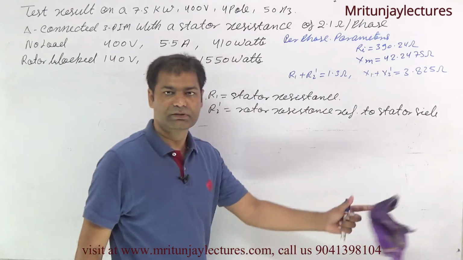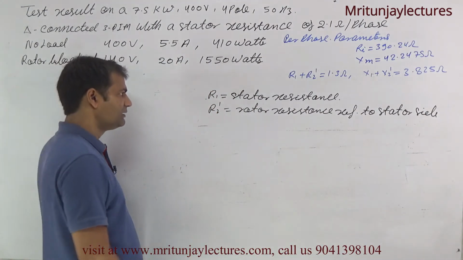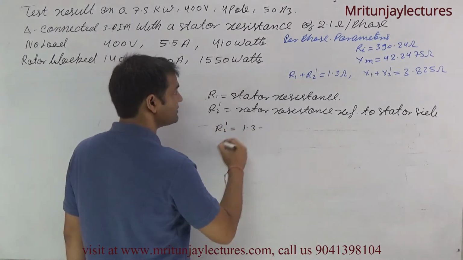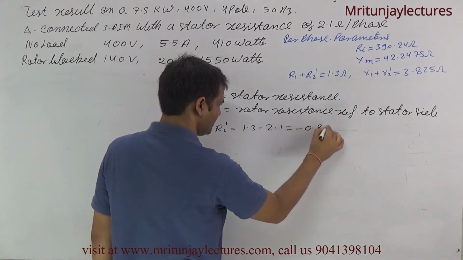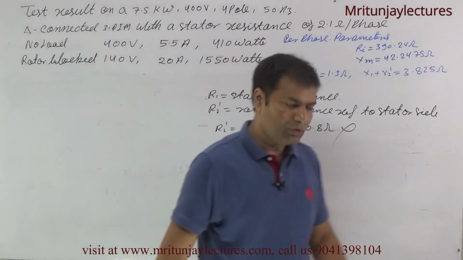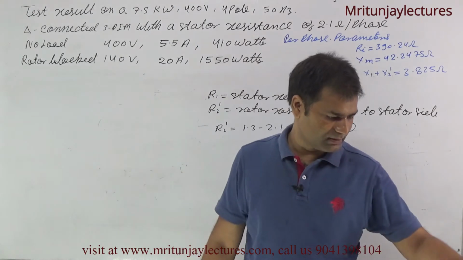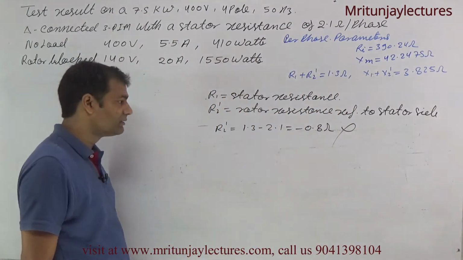Now next target, we want to determine R2 dash. If that is 1.3 minus 2.1, we get minus 0.8 ohm, which means it is wrong. Rotor resistance is never negative. So this answer is wrong. Why?